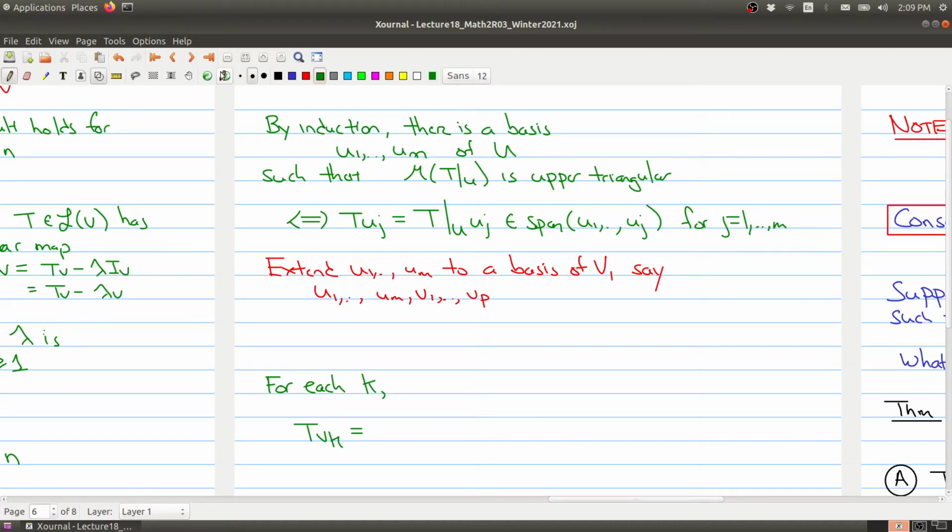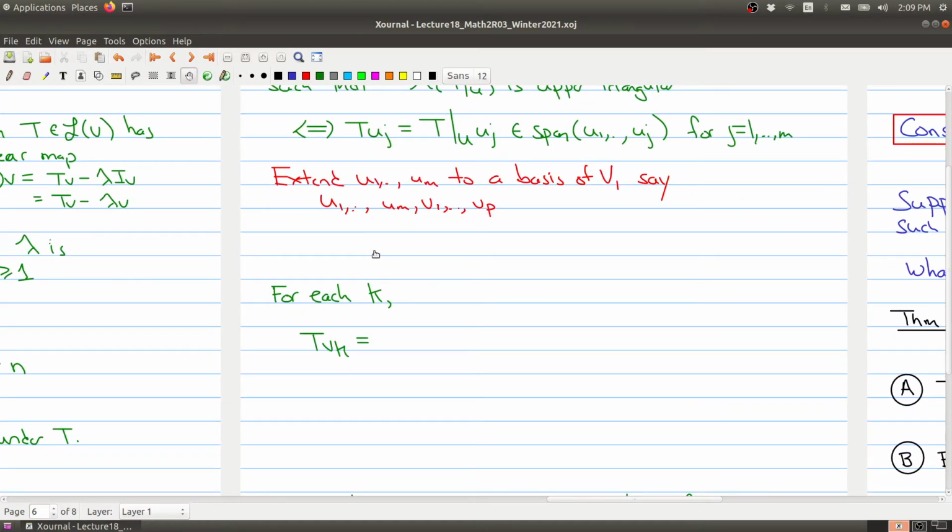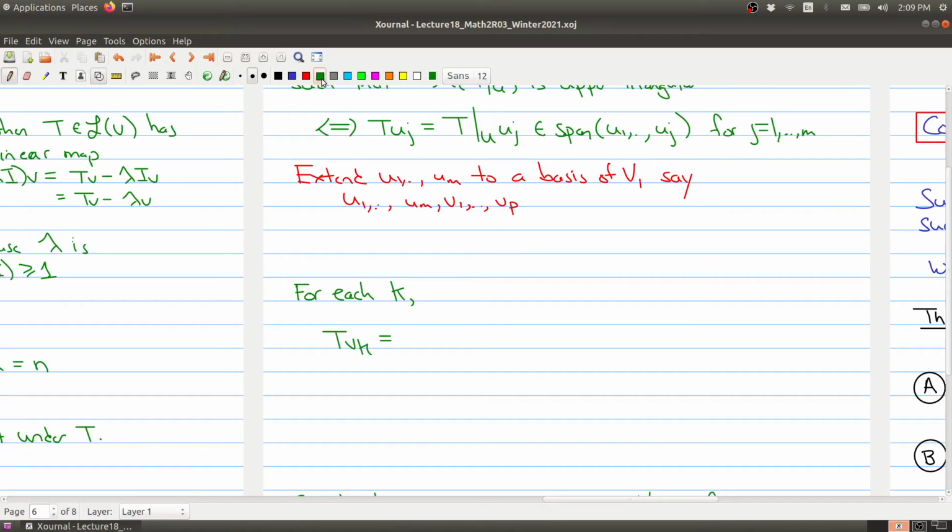Now for each k, what do we have? Well, we're going to do our same trick again, that we can add in 0 in a nice way. So this is the same thing as Tvk minus lambda I vk plus lambda vk. And then this is the same thing as taking the operator T minus lambda I, evaluating it at vk, plus lambda vk.